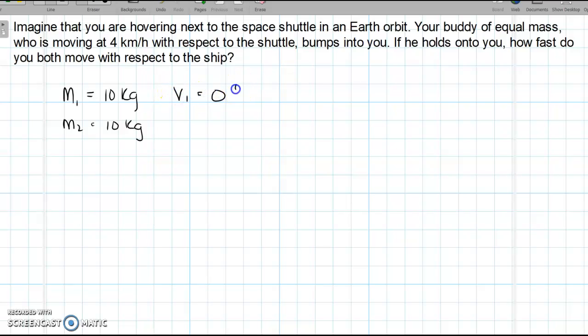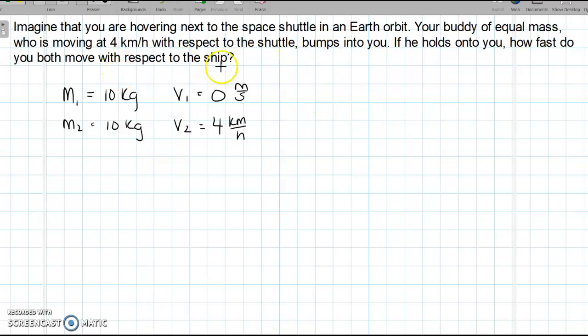You're originally at rest, and your buddy moves into you at 4 kilometers per hour with respect to the shuttle. If he holds on to you, how fast do you both move with respect to the ship?